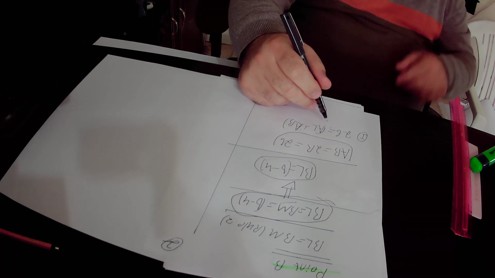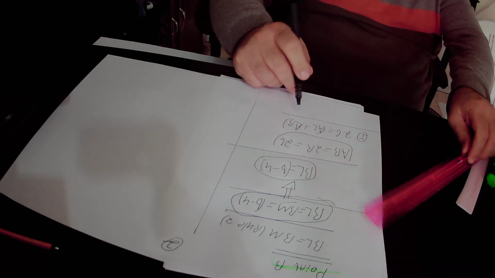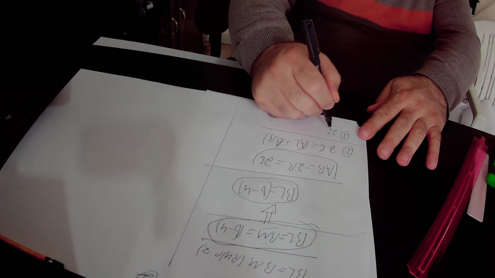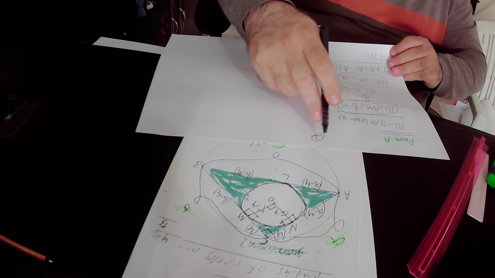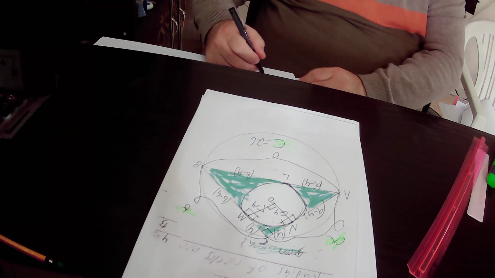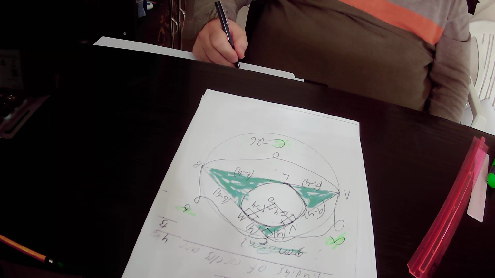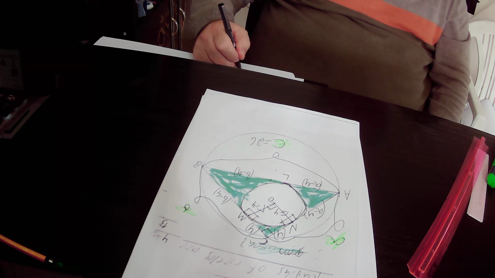So the diameter, that is equal to 26 units, equals AL, which is A minus 4, plus LB that is equal to B minus 4.